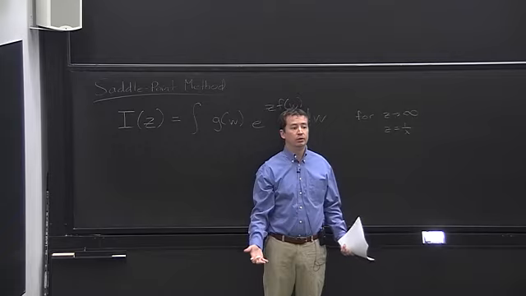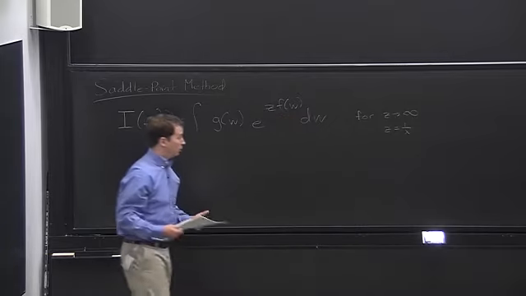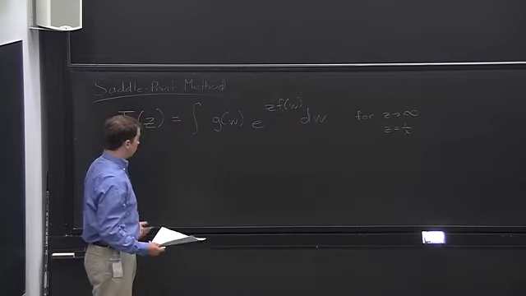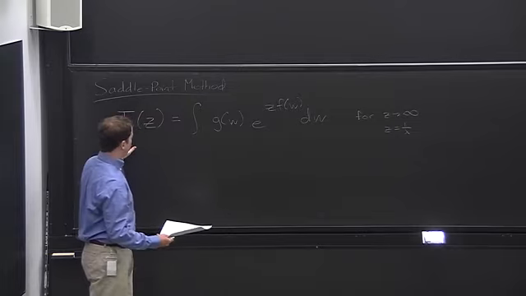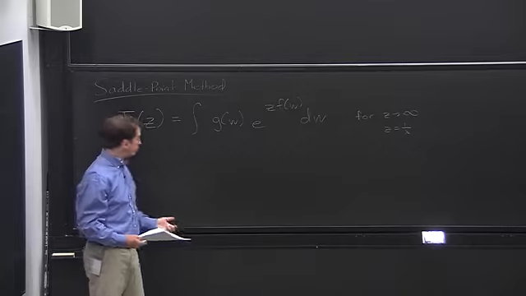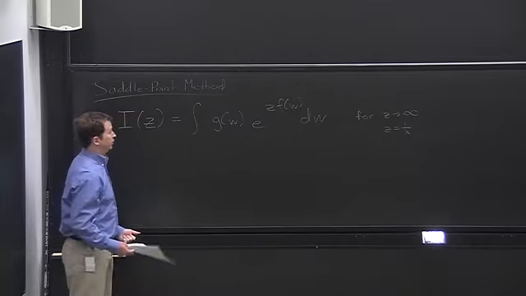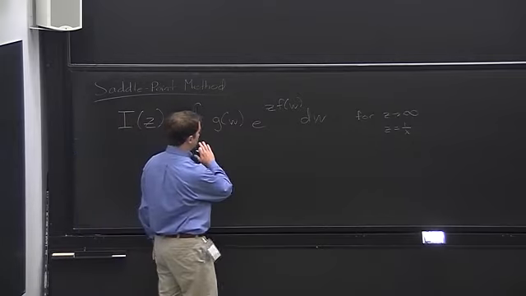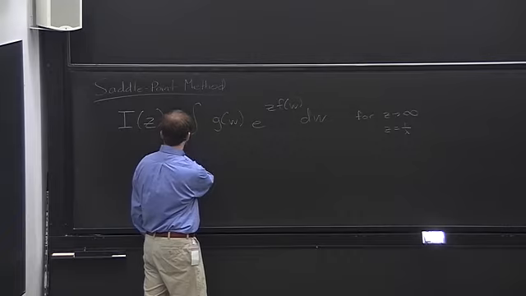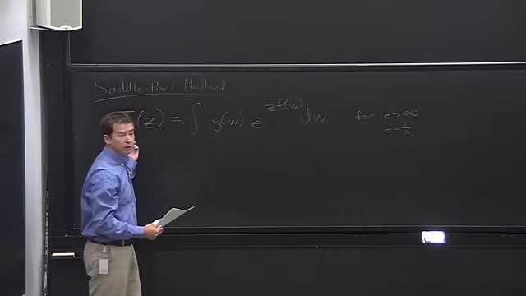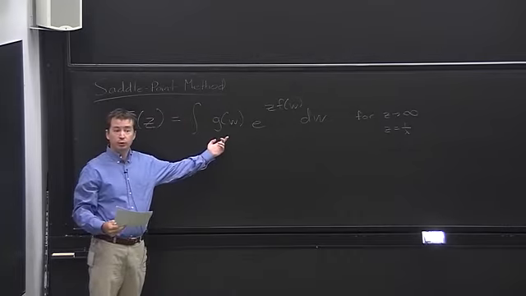So the method we're going to study today applies equally well to the case where we're interested in an integral that's some function of a small parameter, which will very frequently be the case in quantum field theory. So many of the objects we're going to study in quantum field theory will be integrals of this form.